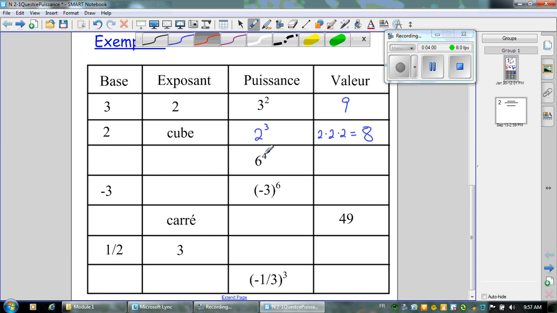So 6 to the power of 4. That means 4 is the exponent, 6 is the base. We have 6 repeated 4 times. So this is what you have, 6 multiplied by 6 multiplied by 6 multiplied by 6. So you have 36 multiplied by 36. I probably have to use an area model for this one because I don't know the square root of 36. I'm going to do 36 times 36. So 30 times 30 is 900.